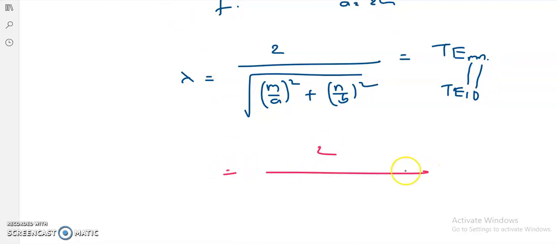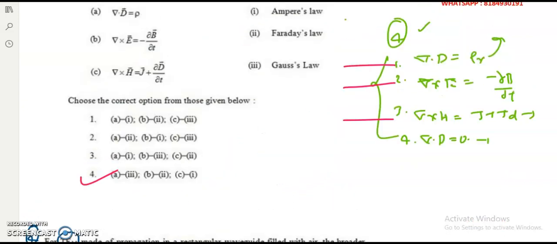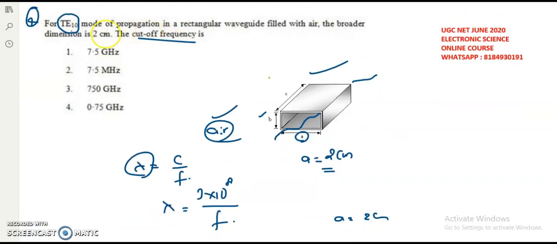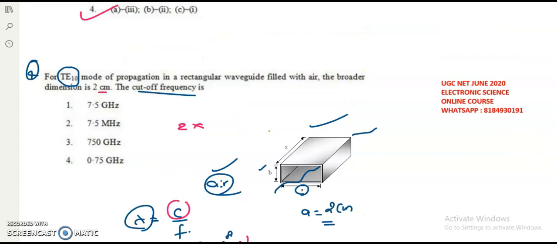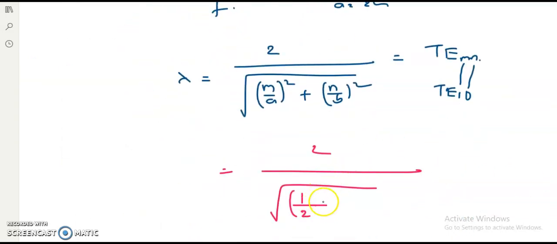Now this expression becomes 2 divided by the square root of 1 divided by 2. Actually they gave A in centimeters, but here C is in meters per second. So that's why I'm converting 2 centimeters into meters, that is 2 into 10 power minus 2 meters, and then 1 divided by (2 into 10 power minus 2) whole square plus (n is 0 by b) whole square.